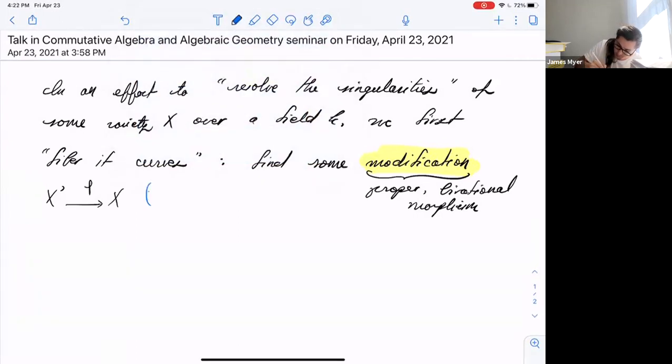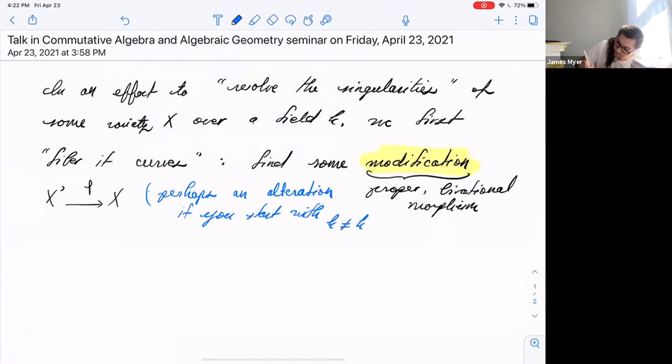So perhaps an alteration if you start with K not equal to K bar. If the field isn't already algebraically closed, you might have to take a finite extension, and then if you base change by that, that's some alteration. But if you allow yourself to start with K equal to K bar, the modification is totally fine.